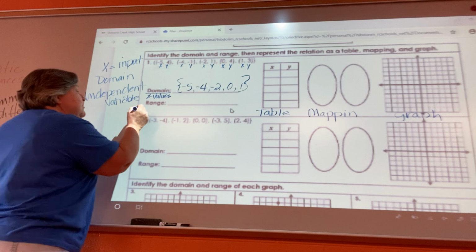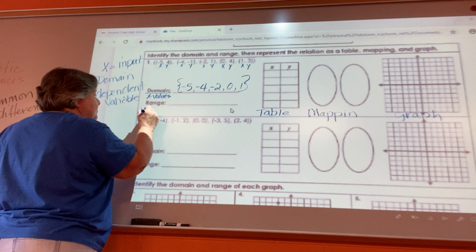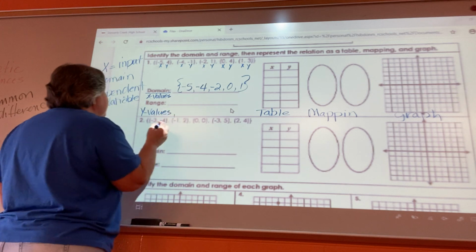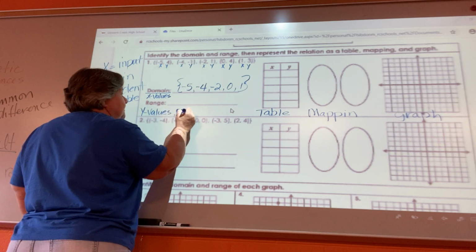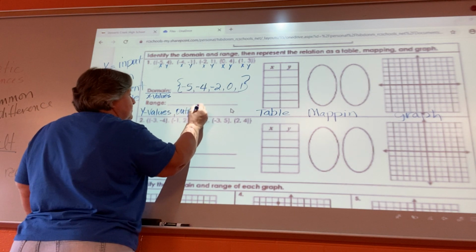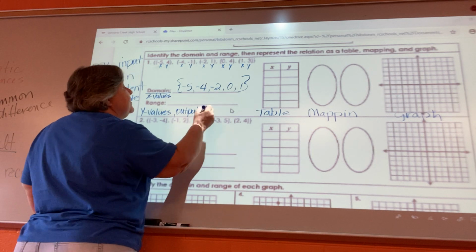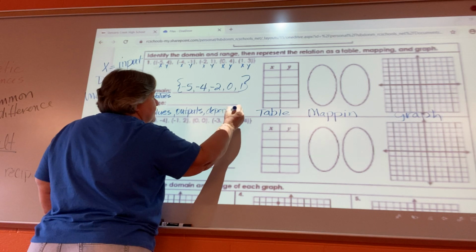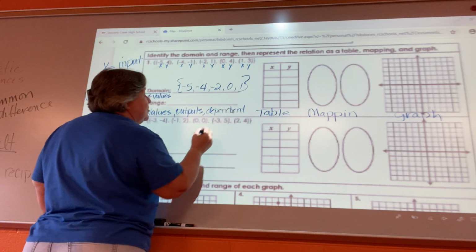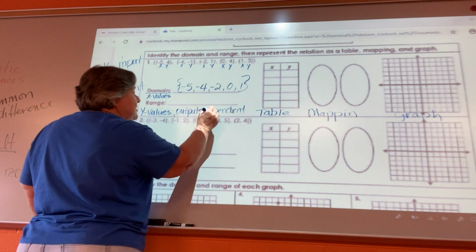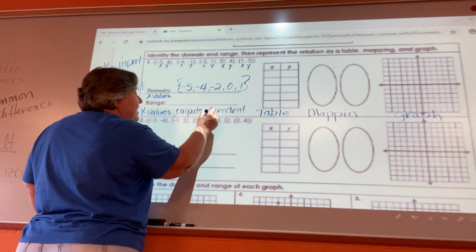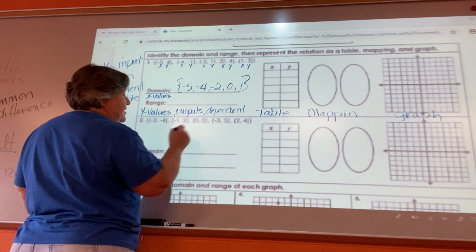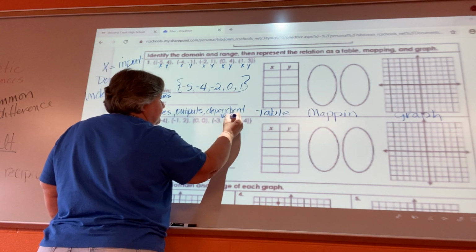For your range, those are the Y values, or the outputs, or the dependent variable. It would do you well to make sure you keep notes of this and get a grasp of the difference between the X values and the Y values, independent variable.